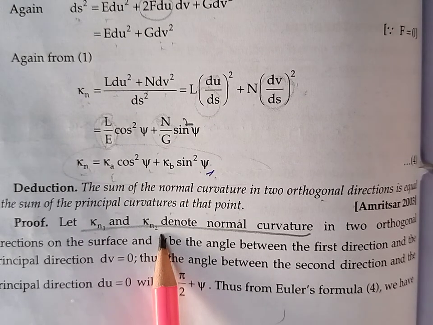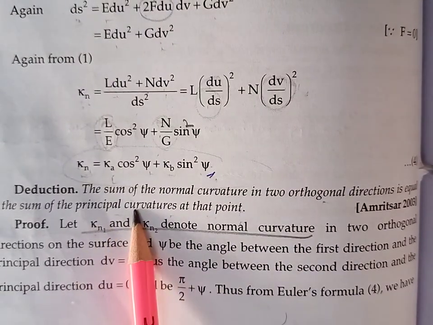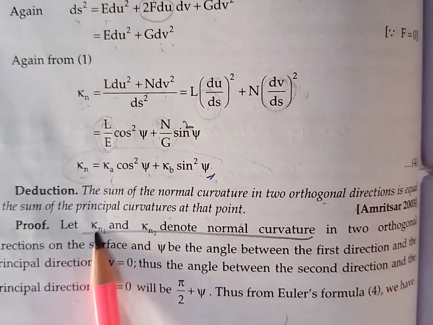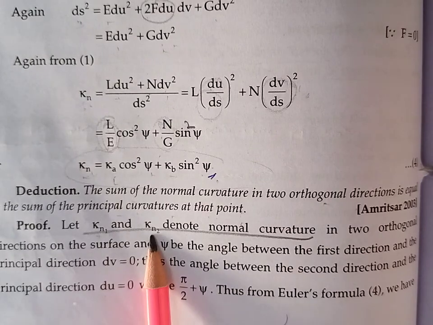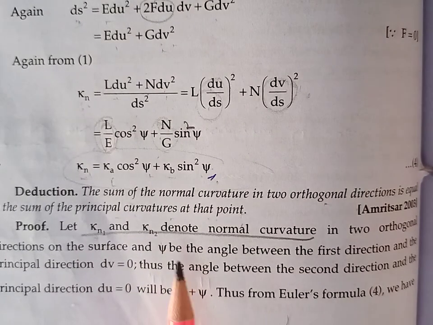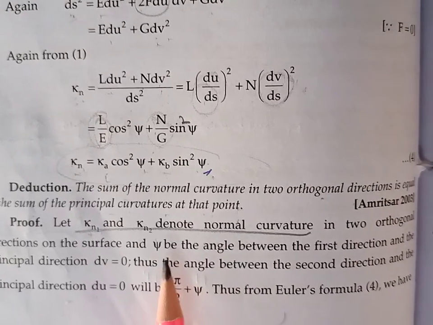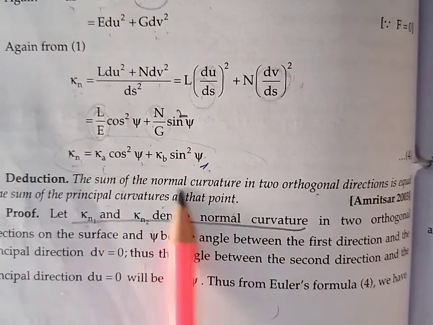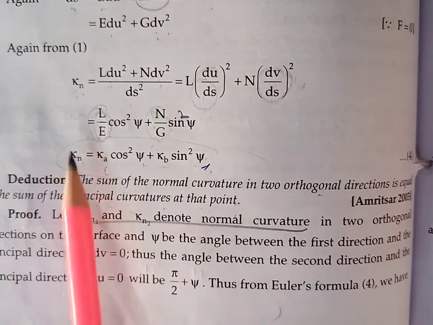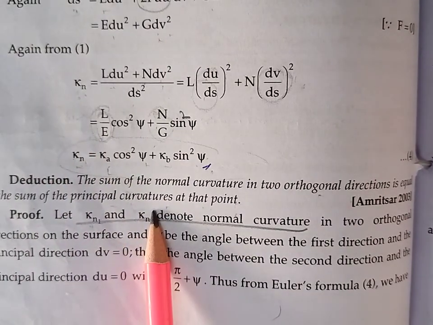These are the normal curvatures, and let us take the principal curvatures as kappa A and kappa B. Then we are to show that kappa n1 plus kappa n2 is equal to kappa A plus kappa B. This is called Dupin's theorem. In order to prove this theorem, you will have to prove the above theorem first.